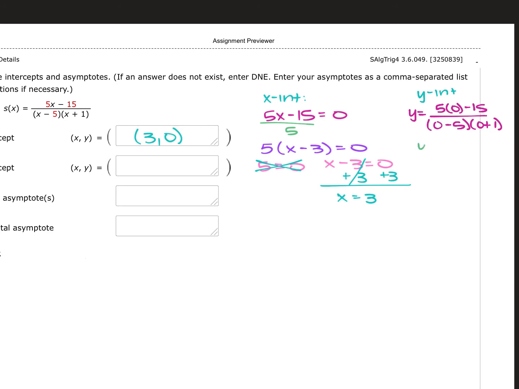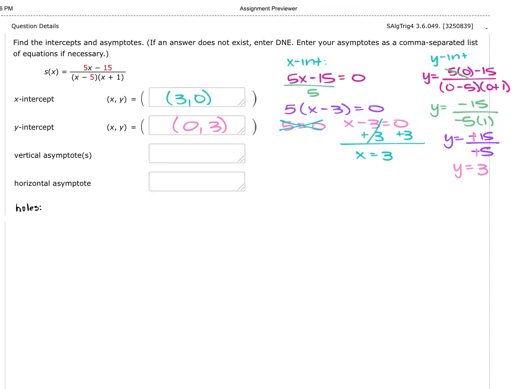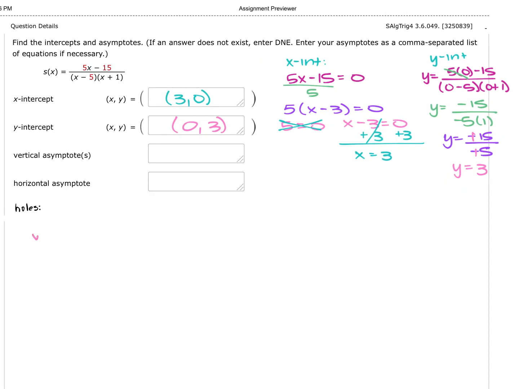So this just simplifies to negative 15 over negative 5 times 1, which is negative 15 over negative 5. That simplifies to y is equal to 3. So that's (0, 3).